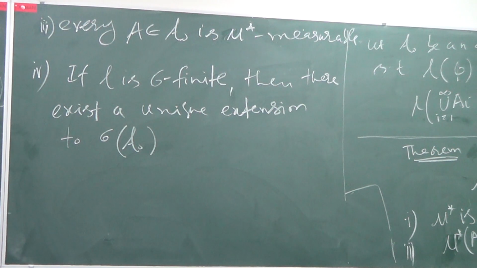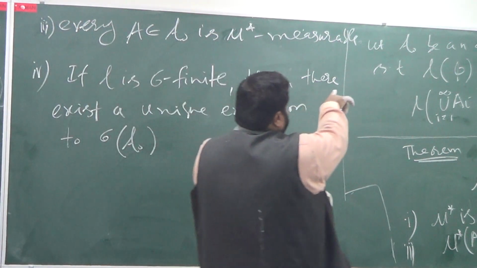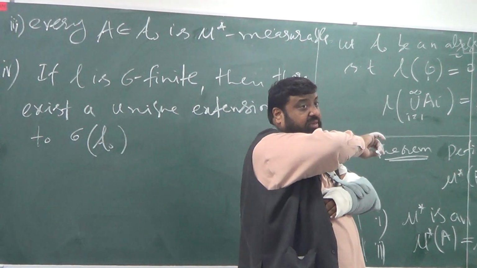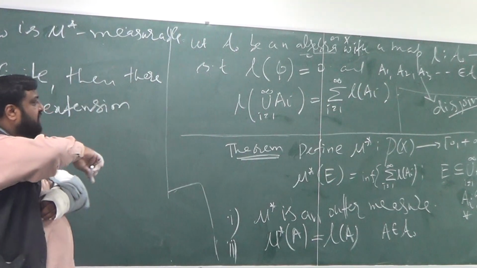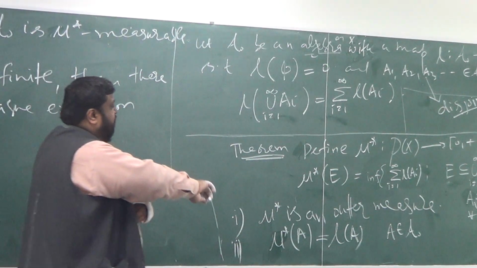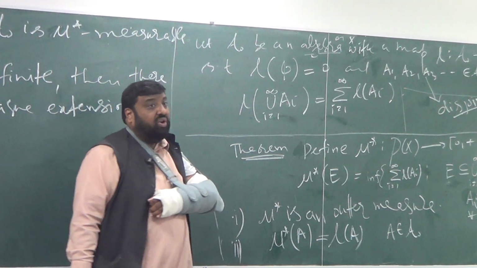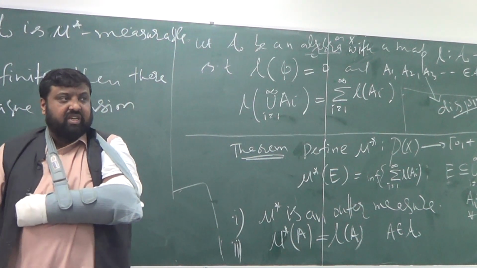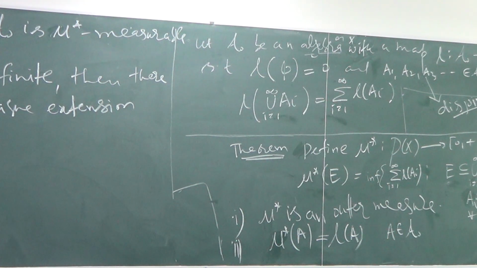So here's the bigger picture. If you have A naught, an algebra, and some notion of length on it, then you can always find an outer measure which is defined on all subsets of X. An outer measure is not a measure, this is an important thing.